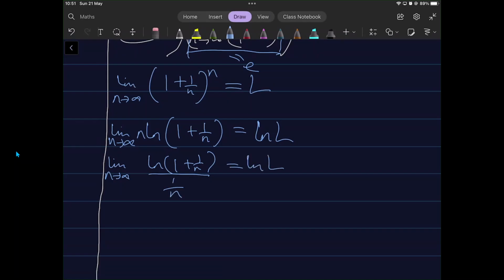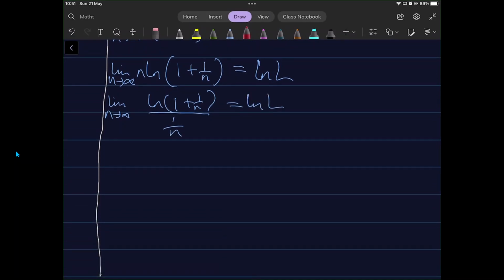The purpose of this is so that we can use something that I introduced to you in the previous video called L'Hopital's rule. I'll just call it LHR. The idea is, if you have the limit as some variable approaches some constant of two functions divided by each other, you get the same limit as the same variable approaches the same constant, the only difference being those two functions' derivatives, like this.